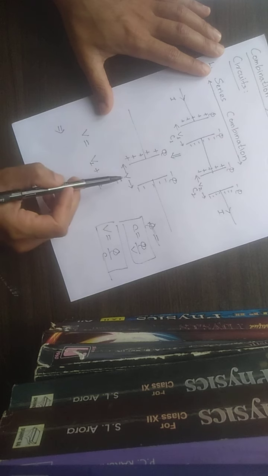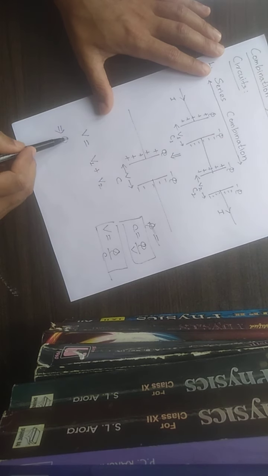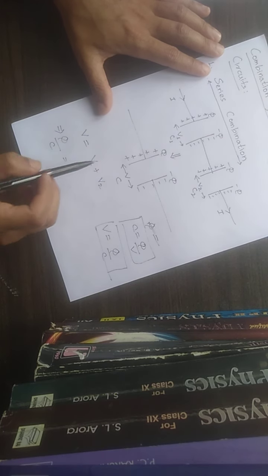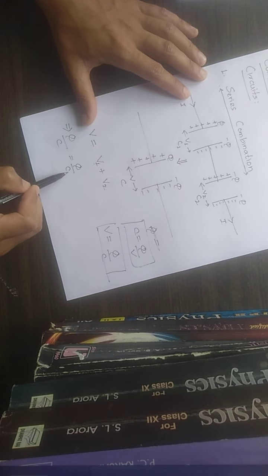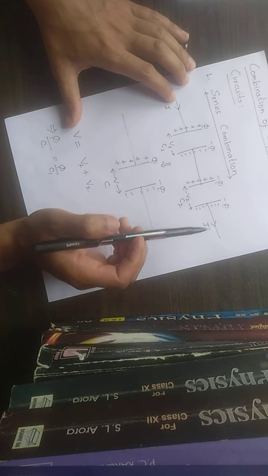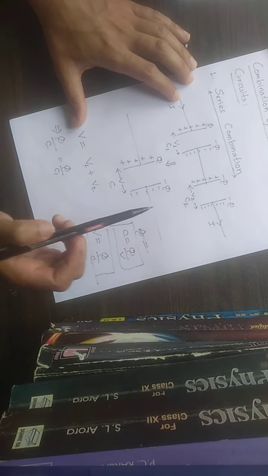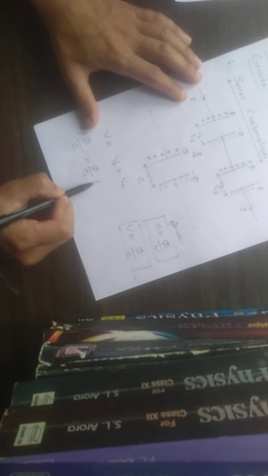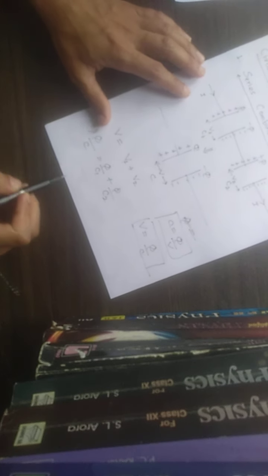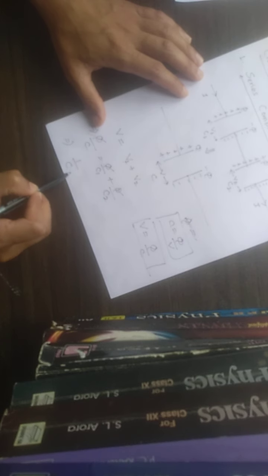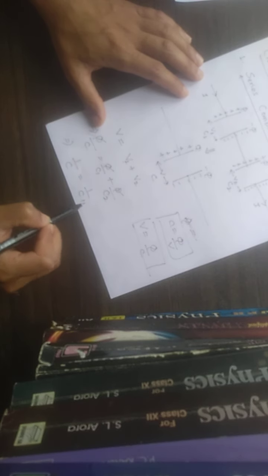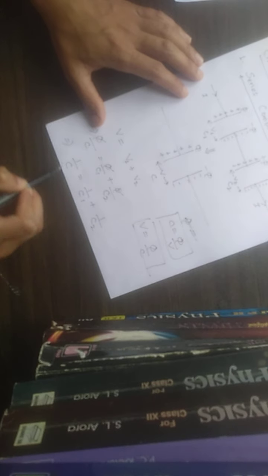So this V will be equal to Q divided by C, this V1 will be equal to Q divided by C1, and this V2 will be Q divided by C2. So Q cancels. So 1 by C will be equal to 1 by C1 plus 1 by C2.